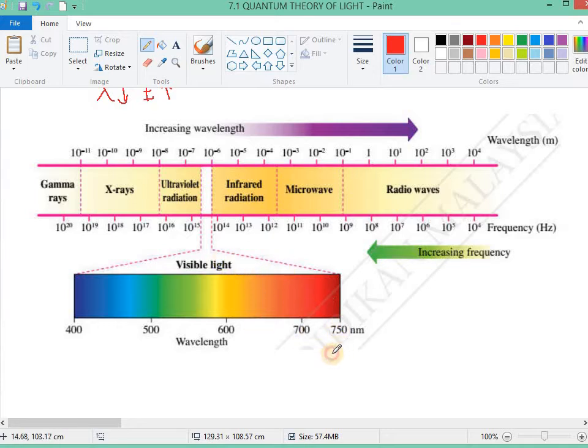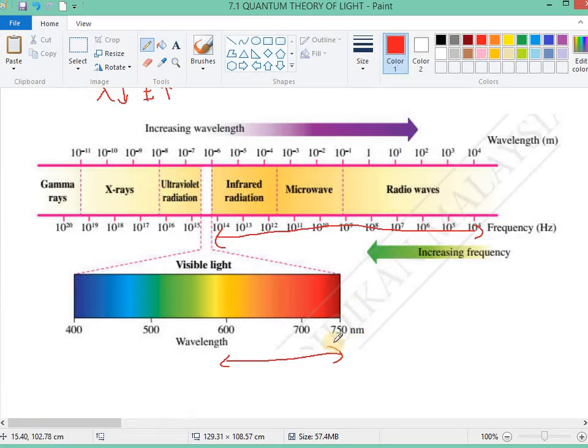The majority of the energy is in this region, and other regions like infrared radiation, microwave, and radio wave have less. Less energy goes to longer wavelengths. Infrared radiation, microwave, and radio wave are less.